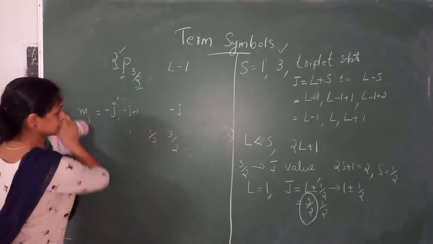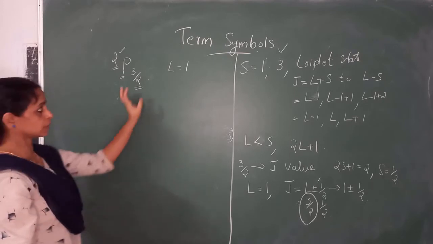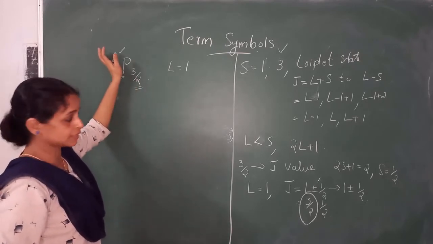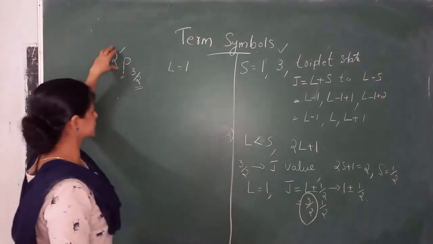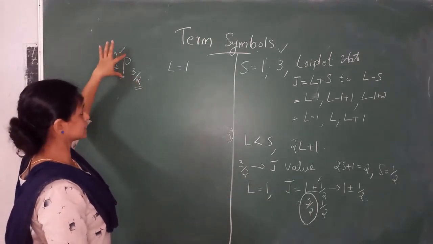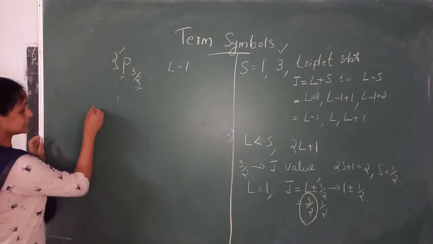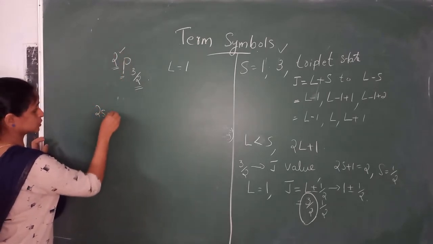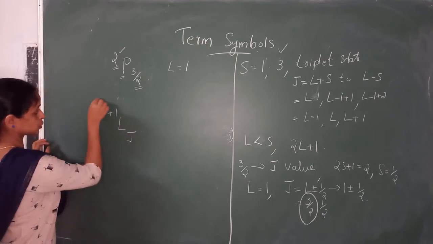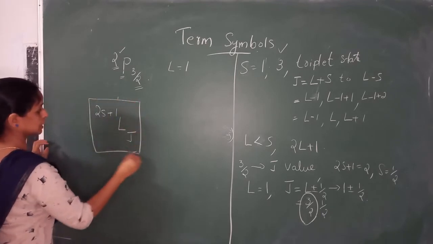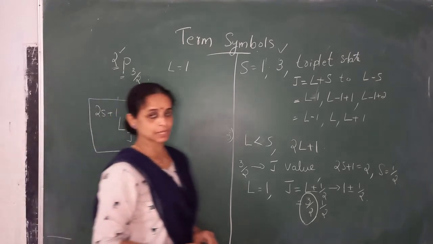So this is the representation of a particular electronic state in the LS coupling scheme. You have the multiplicity, the L value and the J value. So in general you can write 2S plus 1, L, J. This is the usual notation for a particular electronic state in the LS coupling scheme.